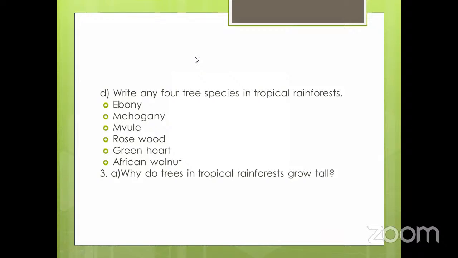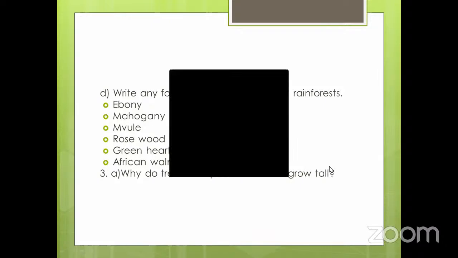I see Dan there. Dan? They compete for sunlight. Very good. So they grow tall just because they compete for sunlight. That's why they grow very tall.